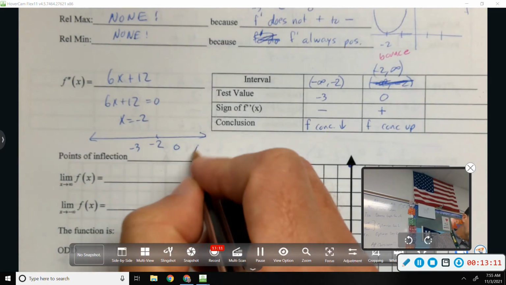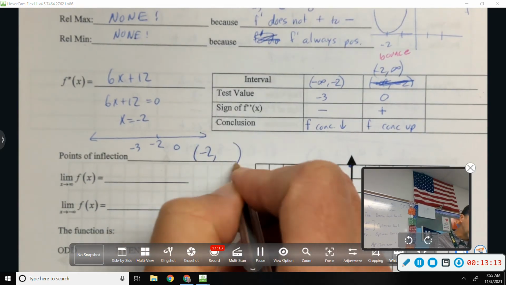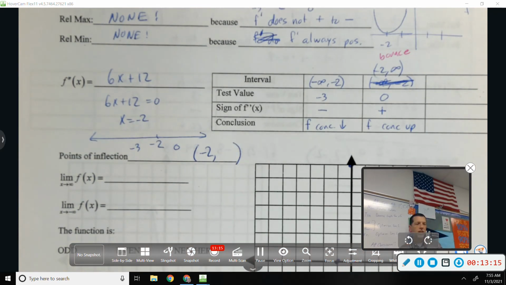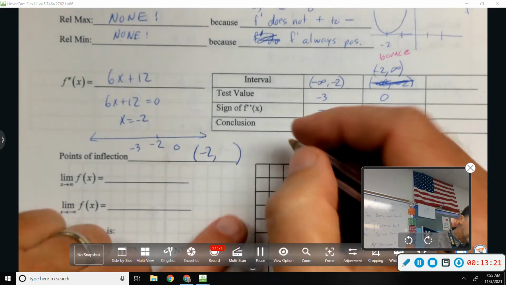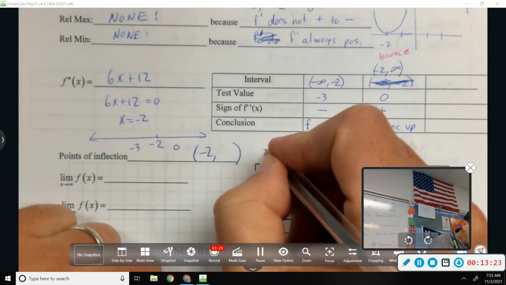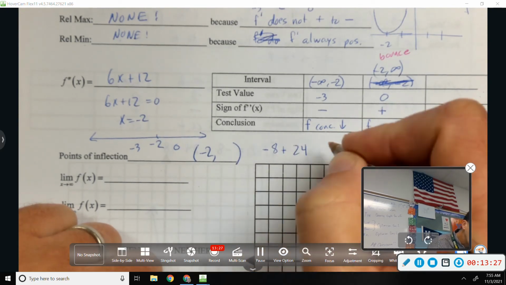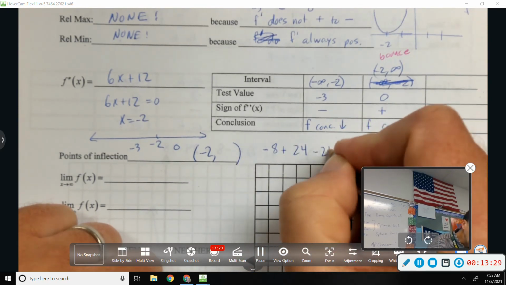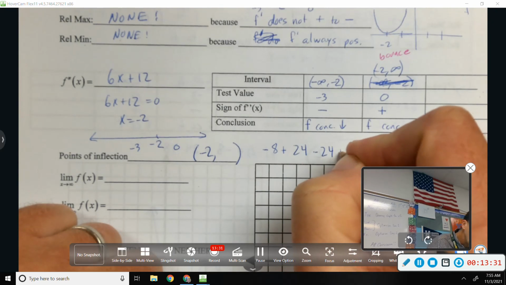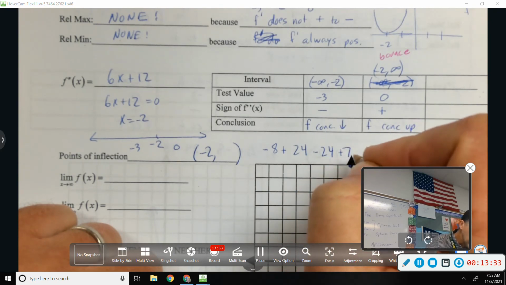Yes. At -2, comma. How do I figure out the y value? Plug it into f. So let's see, that would be -8 plus 24 minus 24 plus 7.